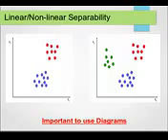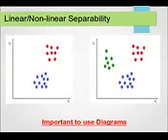Now, one thing I'd like you to be familiar with is linear and non-linear separability, and please always remember to use diagrams. Diagrams help us greatly to visualize things so we can have a feel of what the data looks like and how we can go about our data. Let's assume, for example, that we take some measurements from people randomly.